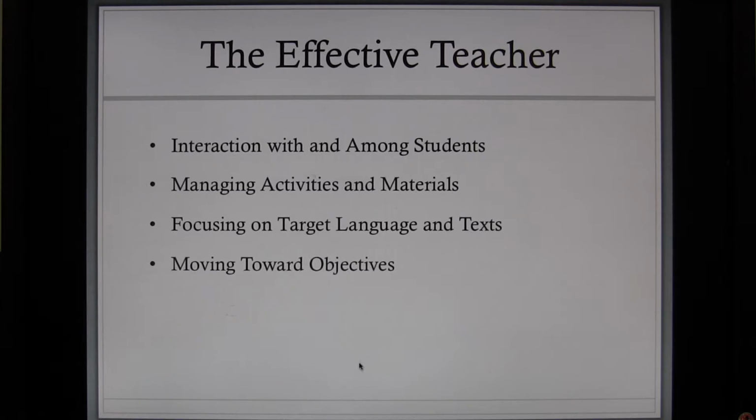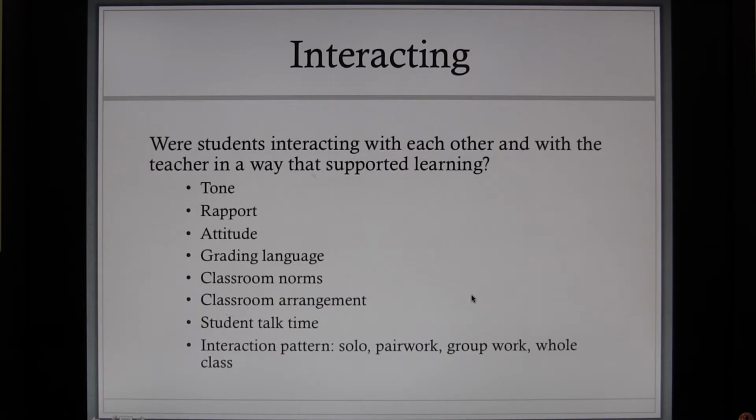So for me, with this guy, I think he really needs to focus a lot on interaction and managing, because we're not even going to get into focusing on target language or moving toward objectives until he can let go and have the students talk to each other so that they can actually use the language. So let's move on here.